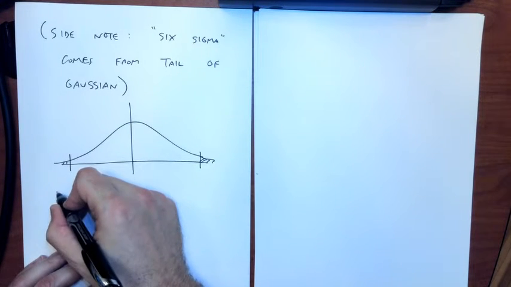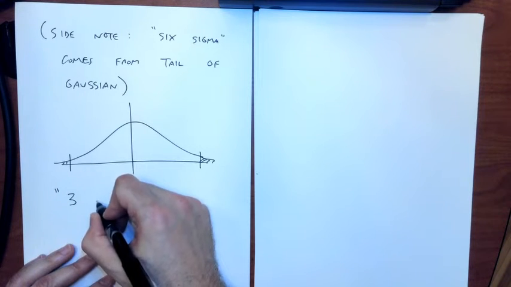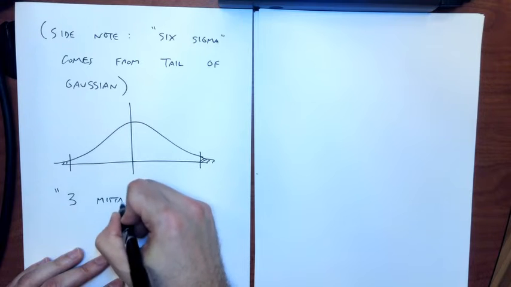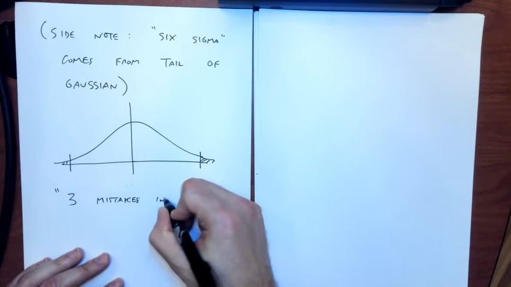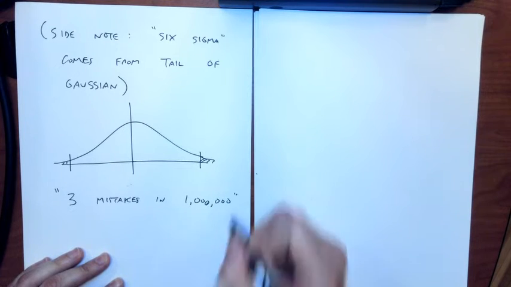And I think the rule of thumb is that you have 3 errors, or 3 mistakes, in a million, which is the Six Sigma philosophy.